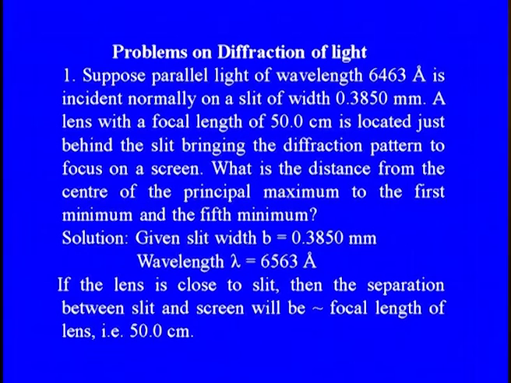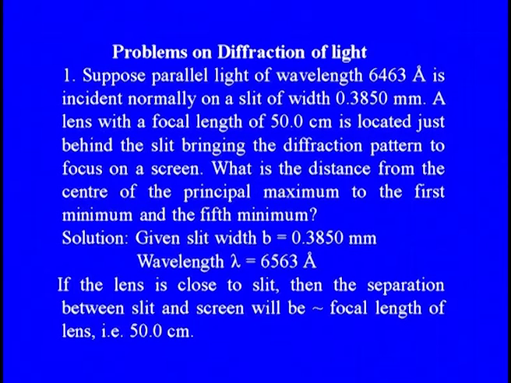A lens with a focal length of 50 centimeter is located just behind the slit, bringing the diffraction pattern to the focus on a screen. What is the distance from the center of the principal maximum to the first minimum and the fifth minimum?